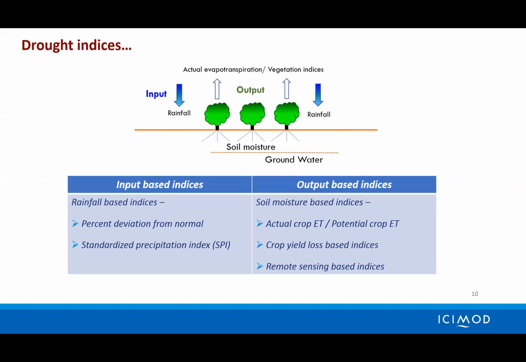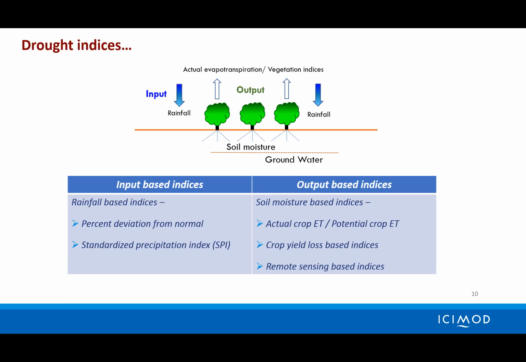One is input based indices, the other is output based indices. Precipitation is one index which is input based, but when we are talking about agriculture, water is ingested in the soil, and then as a function of soil and vegetation, it is absorbed or transpired into the atmosphere.